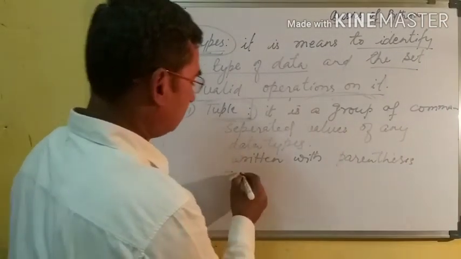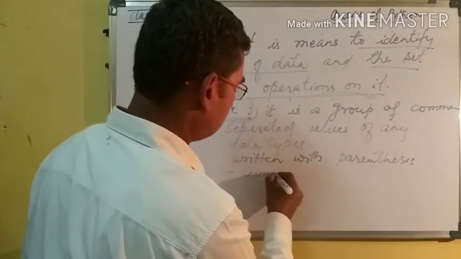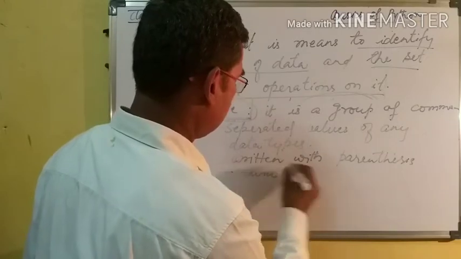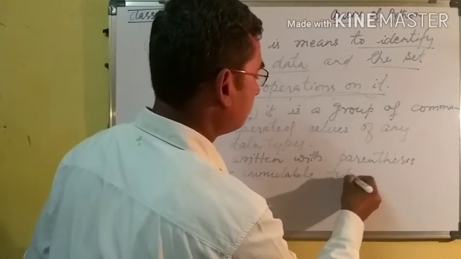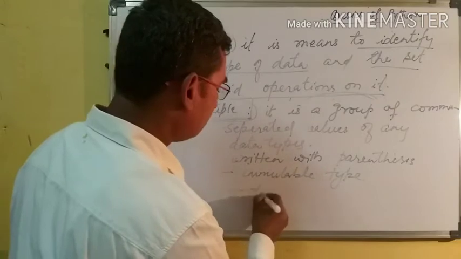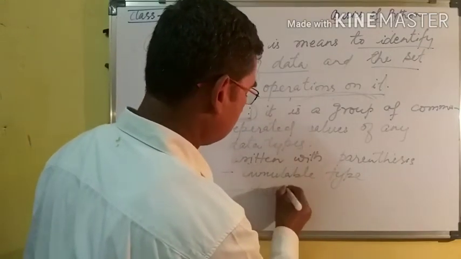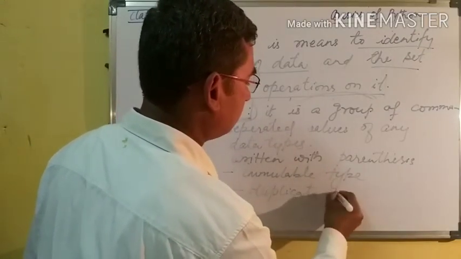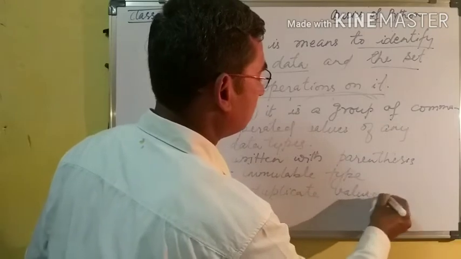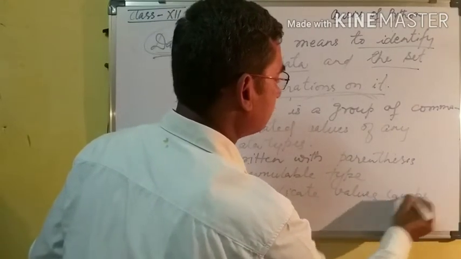Tuples are immutable types, and duplicate values can be allowed.